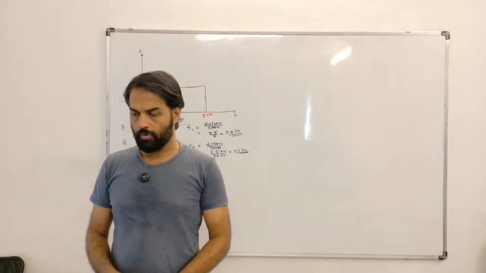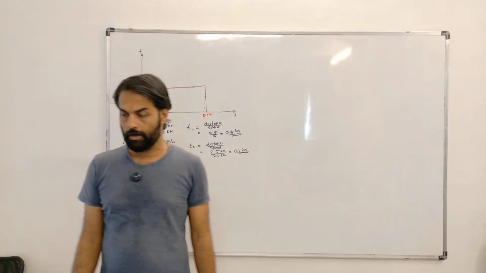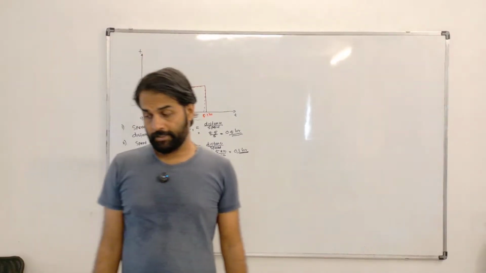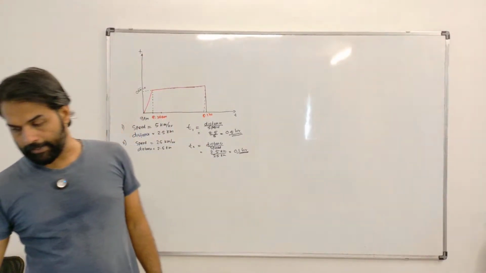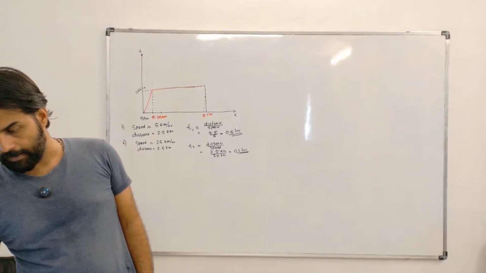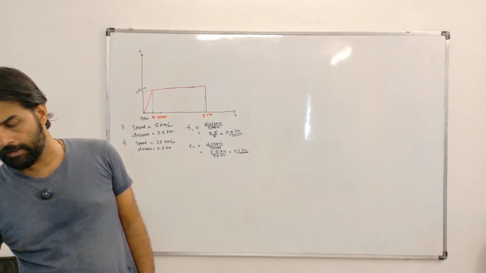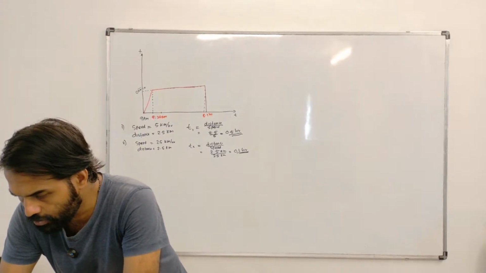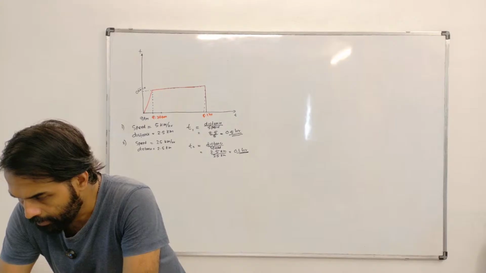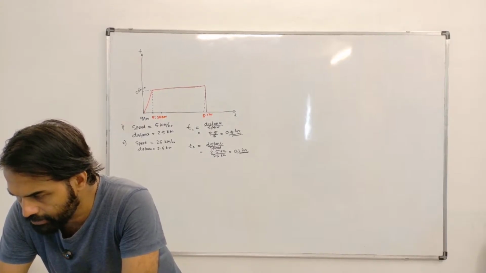A car moving along a straight highway with a speed of 126 kilometer per hour is brought to a stop at a distance of 200 meters.